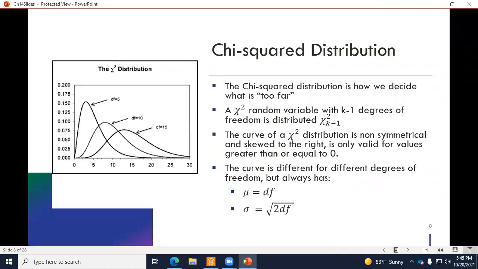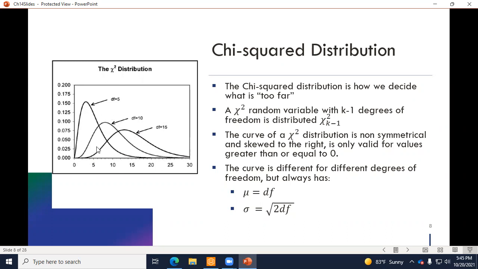I'm about to talk about the chi-square distribution. It's just a continuous distribution. It also has its PDF, just like on this plot. For different degrees of freedom, you will have different curve shapes.